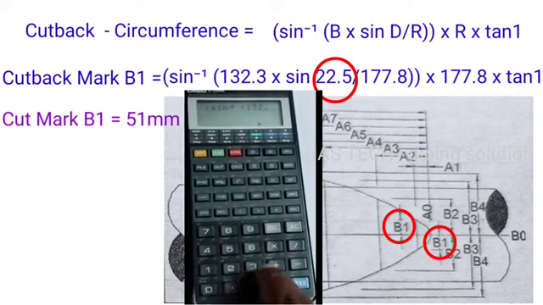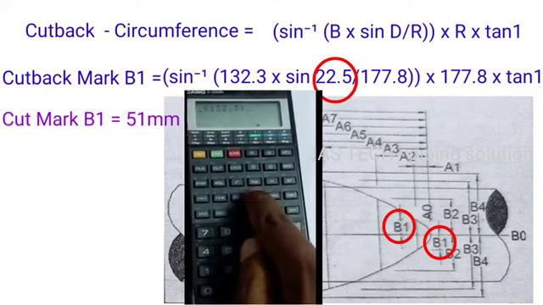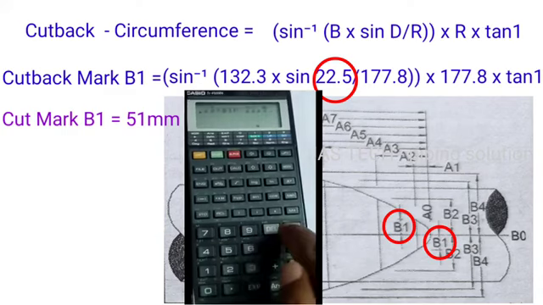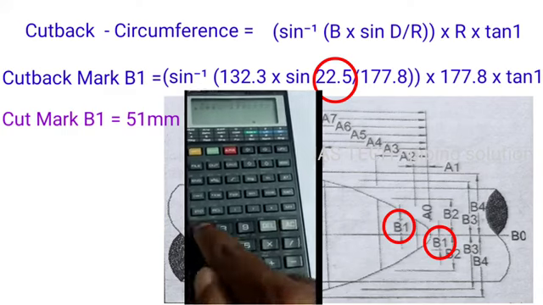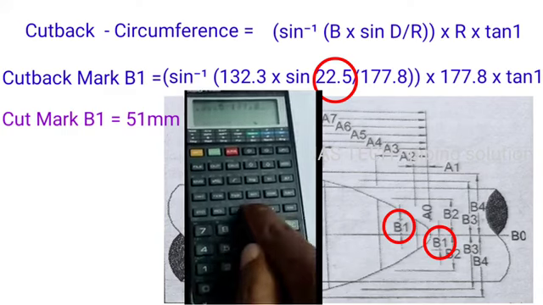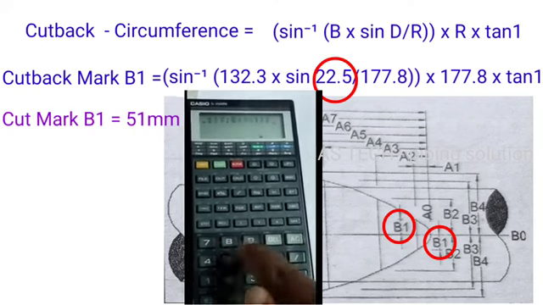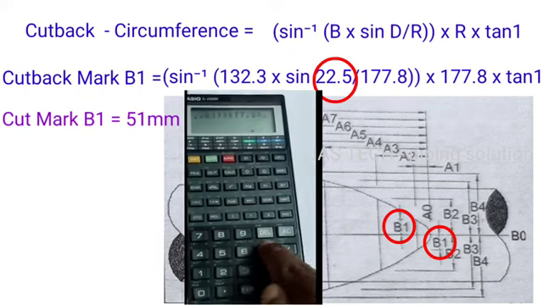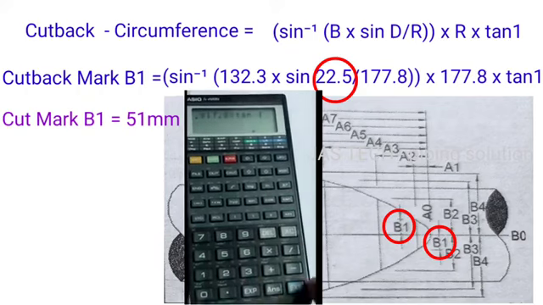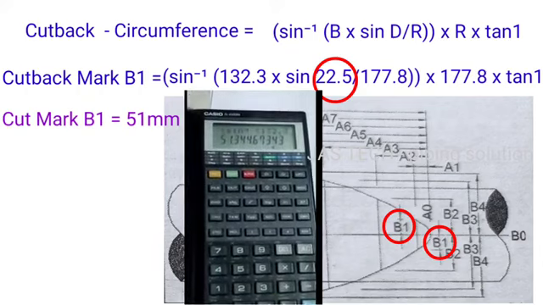We know B value 132.3, D value 22.5, R value 177.8. So we apply these values to the above formula by using calculator. The answer is 51 mm.